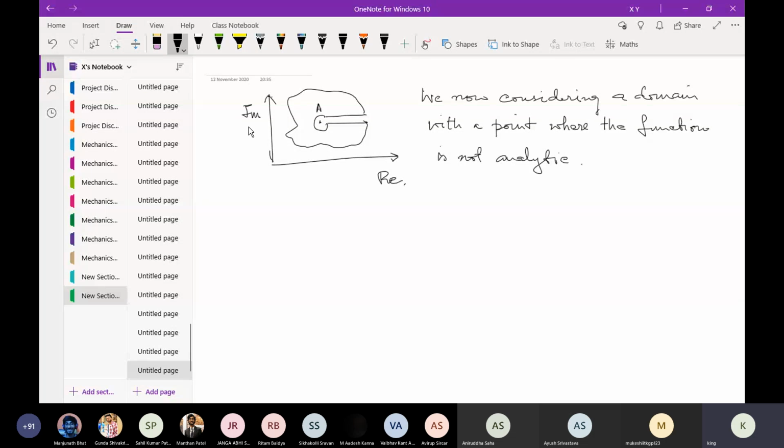Or if there are poles and zeros within that contour, what will they be doing?